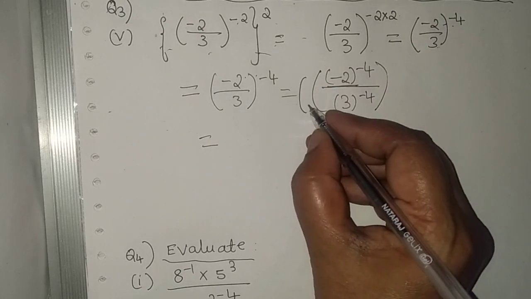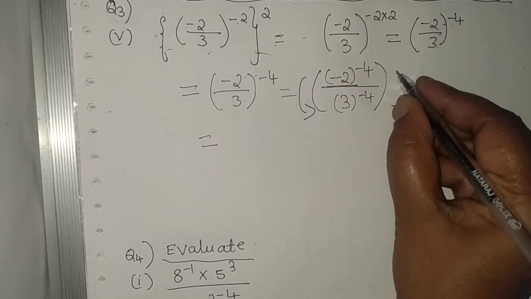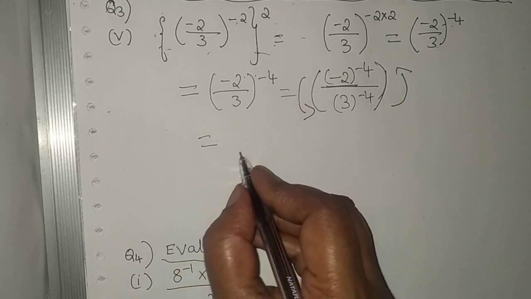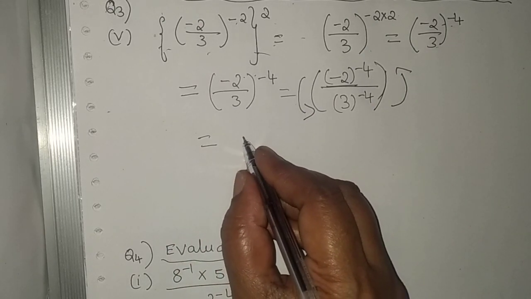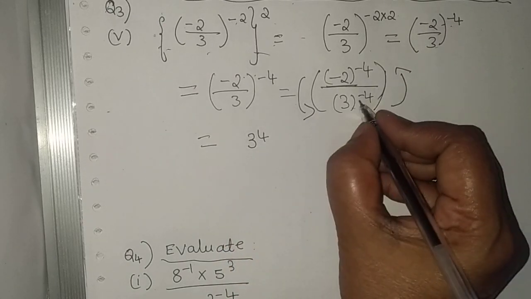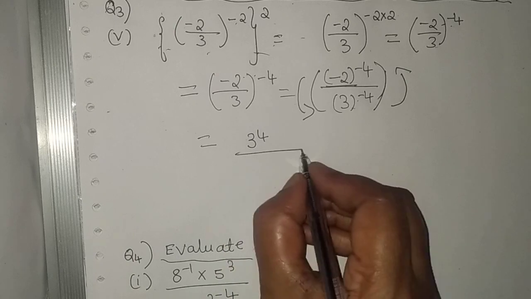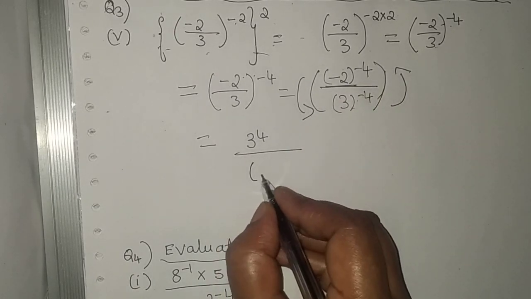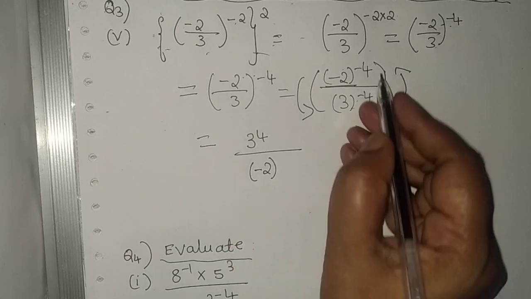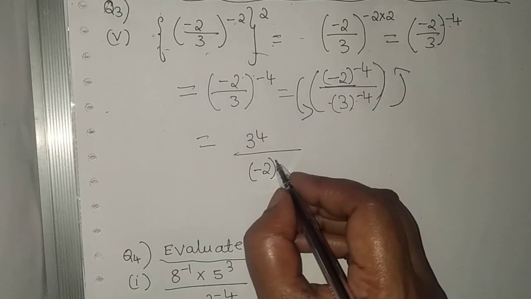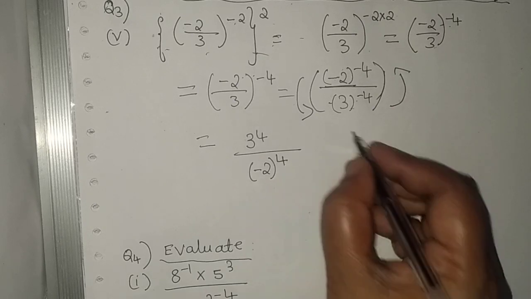We have to take numerator to denominator, denominator to numerator. So after this, 3 to the power minus 4 goes to the numerator. This becomes 3 power 4. Then this comes to the denominator, means minus 2 will not change. When it comes to the denominator, only the power will change, it will become plus 4.